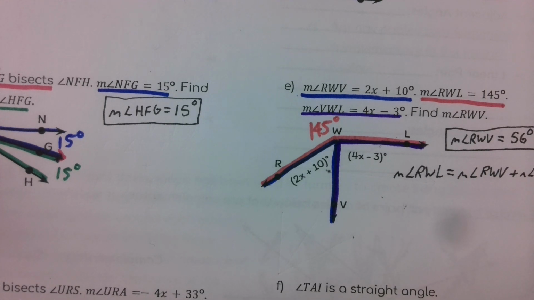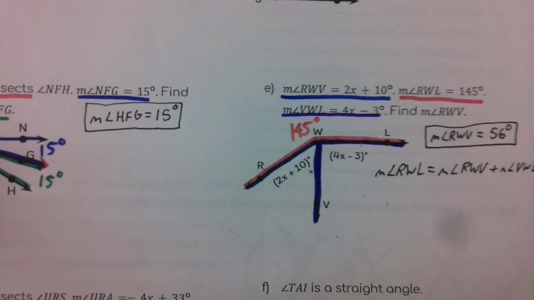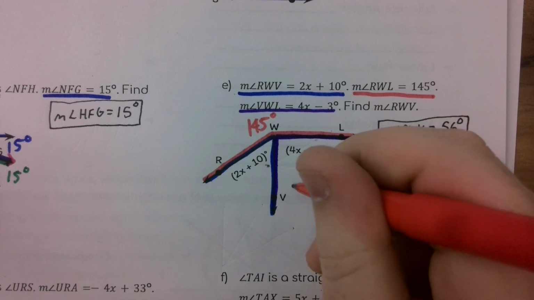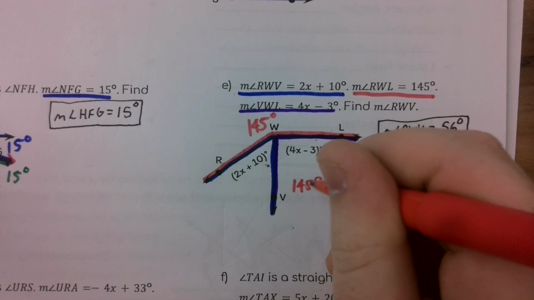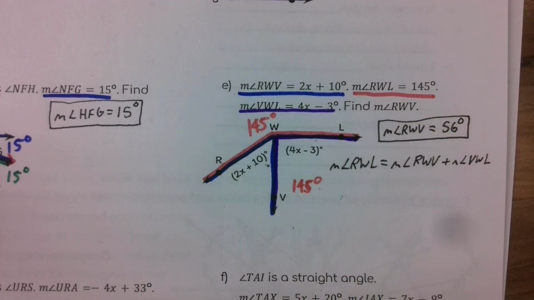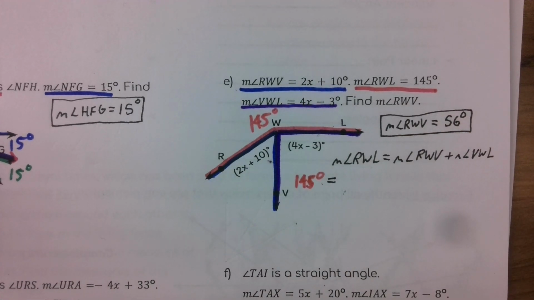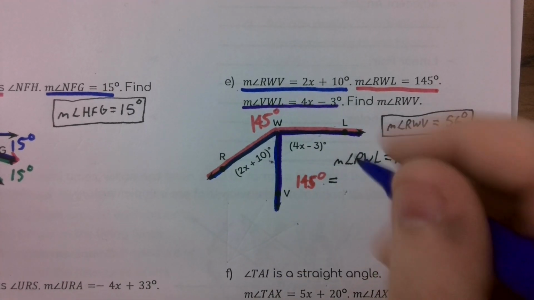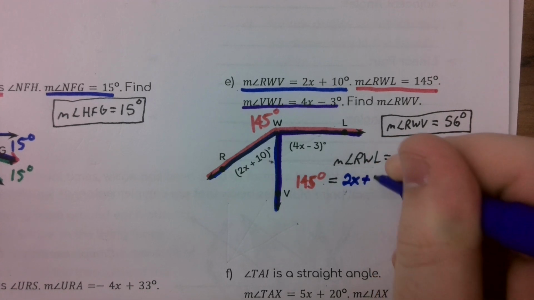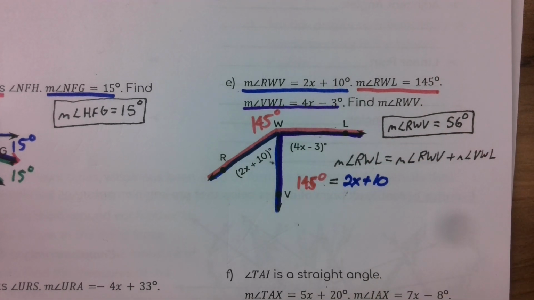RWL we already mentioned. RWL ended up being 145 degrees. What about the others? RWV is 2x plus 10, so we'll substitute that in there.